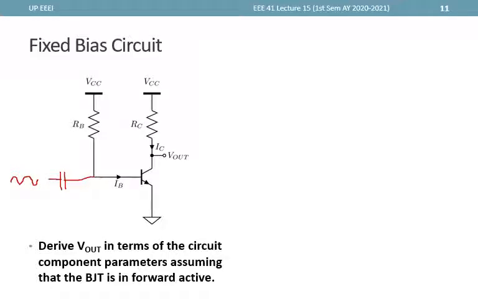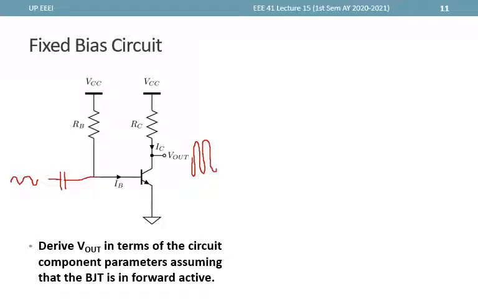Now, this input AC signal can pass through the capacitor and will cause a small change in the base voltage, which will cause a change in the current IB, and the changes in current IB will be reflected in the output since in forward active IC is equal to beta IB, and since beta is greater than 1, the current here will be much greater than the one caused by this input, and therefore we expect that the output will be much larger.